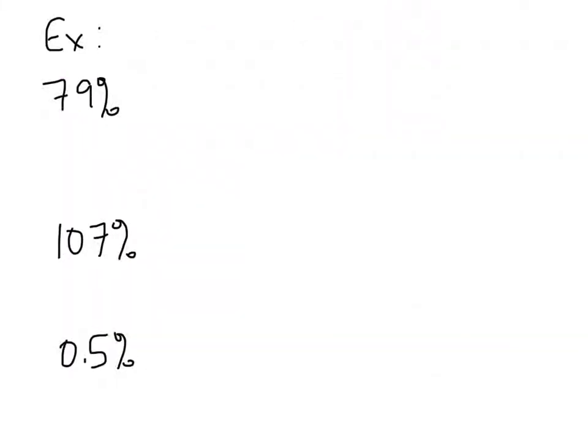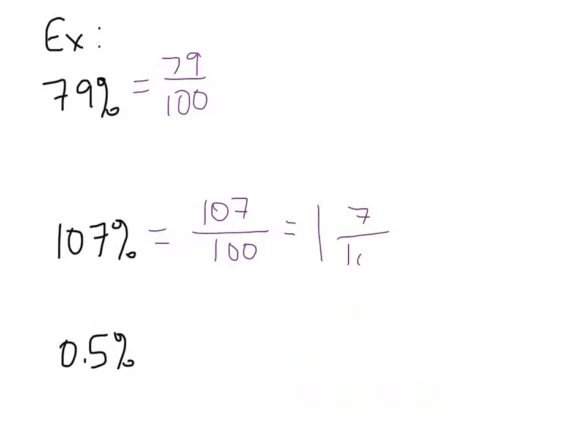All right, so let's look at some examples. So again, 79%, 79 over 100, and it cannot be simplified. 107%, even if it's bigger than 100, I put it over 100. Now I can also change that to a mixed number and make it 1 and 7 100ths, but it cannot be simplified. Either of these answers would be correct, a mixed number or an improper fraction.